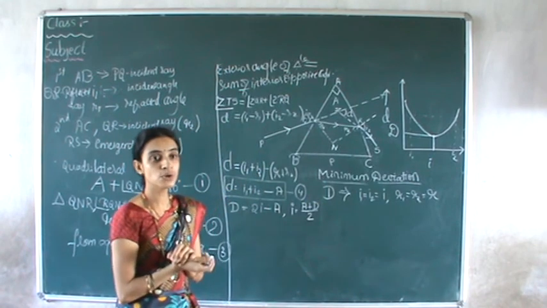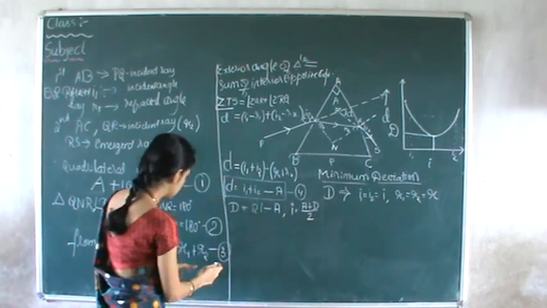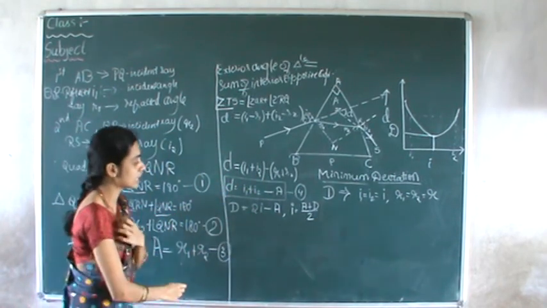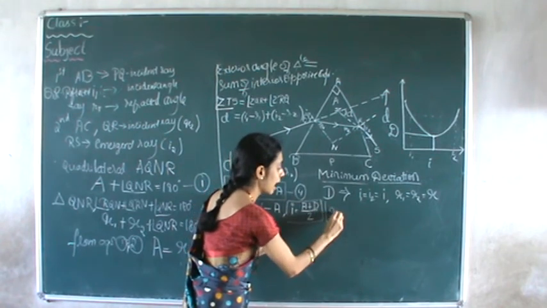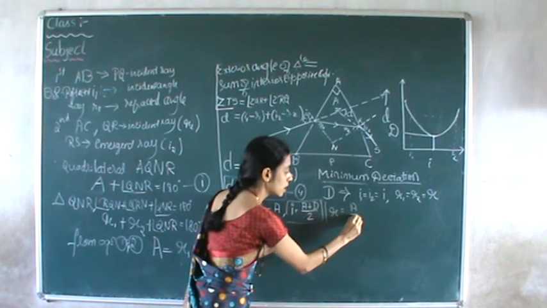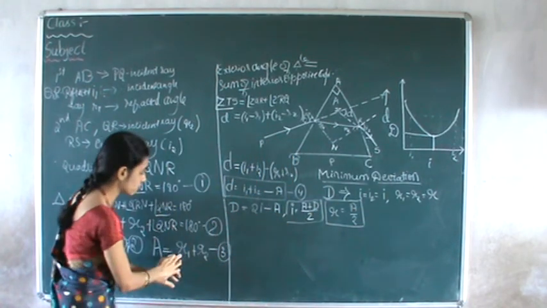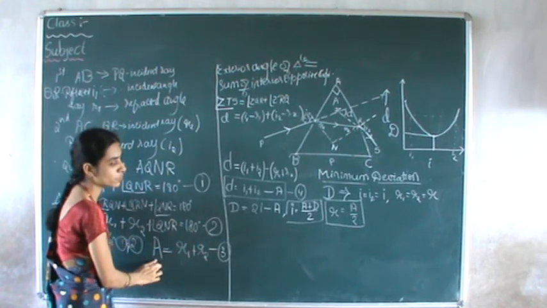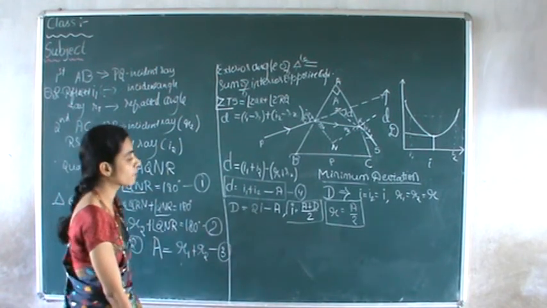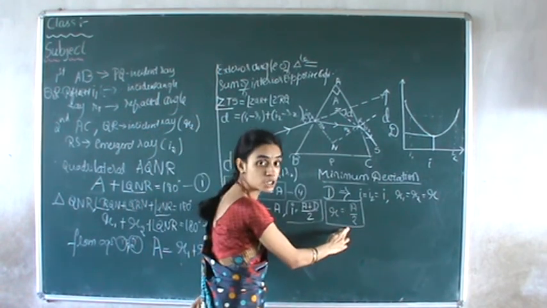I is equal to (A plus D) by 2. And equation 3 can be written as R1 plus R2, R plus R, 2R, so R is equal to A by 2.